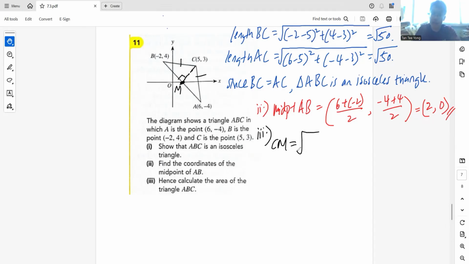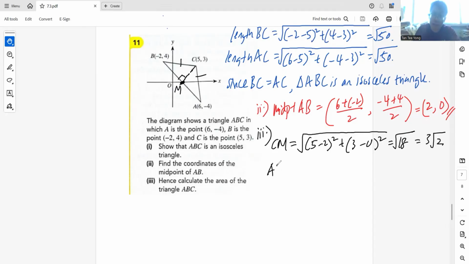CM is the square root of (5 minus 2) squared plus (3 minus 0) squared, which gives us square root 18. If you simplify the surd, it gives us 3 root 2. This is the length CM, the perpendicular height.